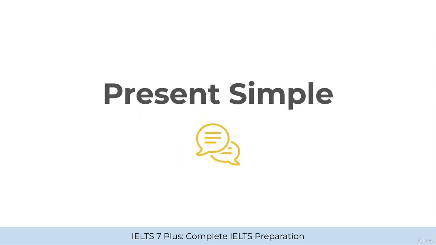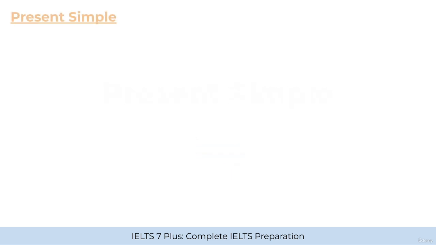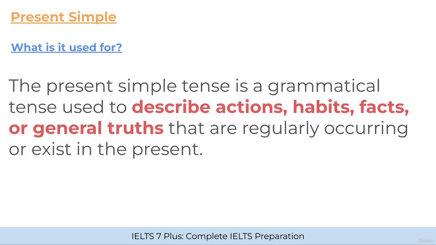We are going to start by looking at the present simple. So this is the present, which means now, if you like, and the simple tense. Okay, so what is the present simple used for? Let's think about this to start off with.